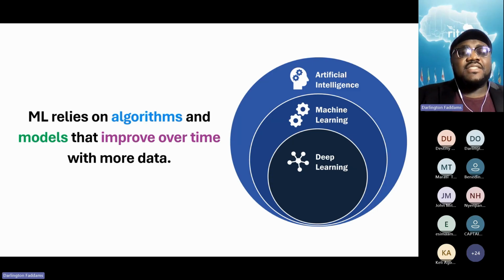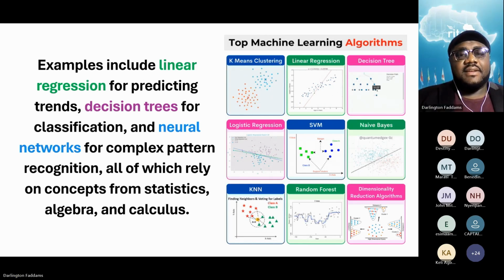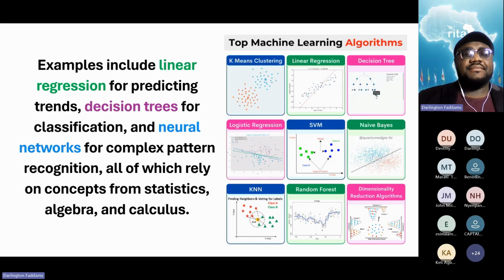Machine learning relies on these algorithms and models. You can see that here we are also almost using them interchangeably, and they improve over time with more data and training.